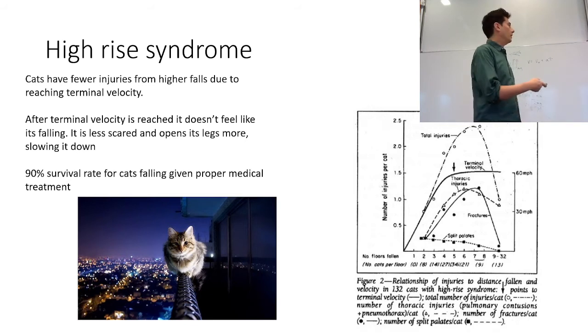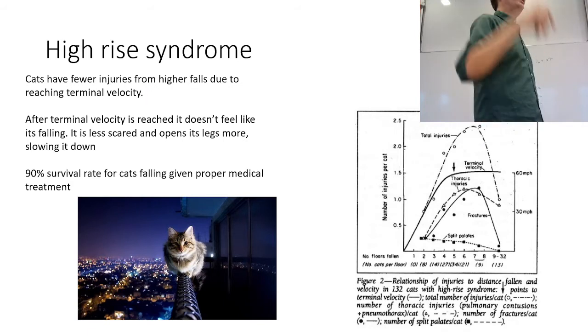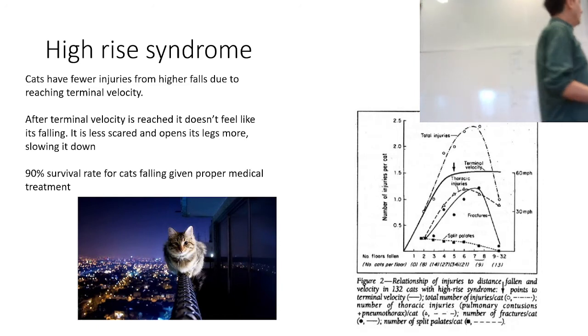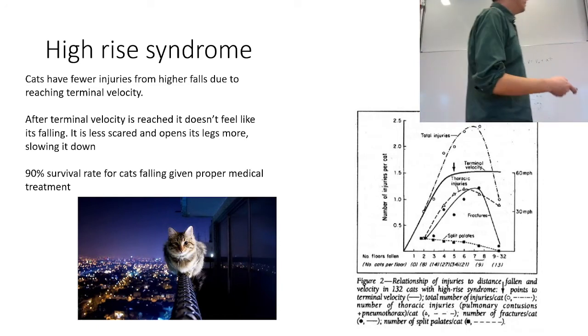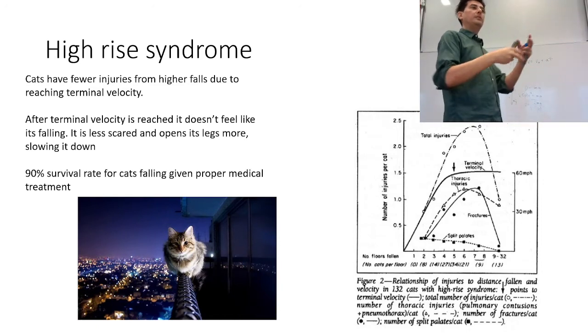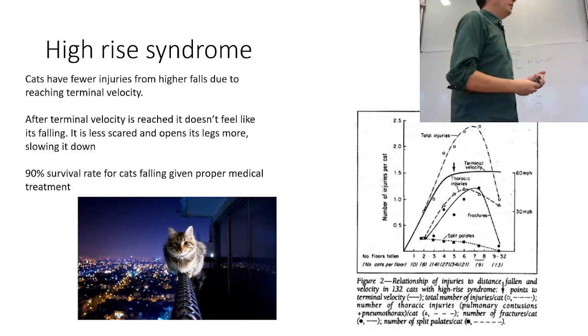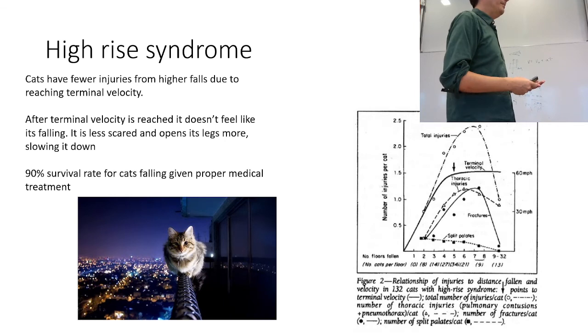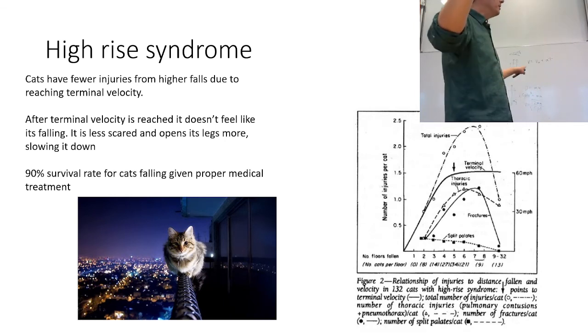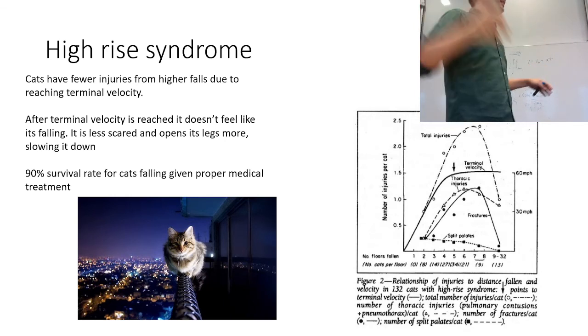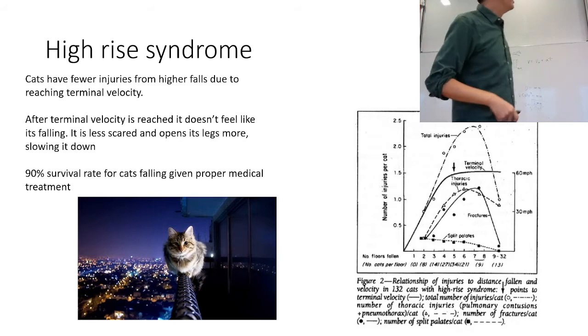In fact, I think there are even some statistics saying that a cat might actually have a better chance of survival if it's even higher than something in the middle. And the theory goes that after it's reached terminal velocity, so once it's moving at a constant speed, the cat relaxes, it opens its legs more, has this kind of parachuting effect.